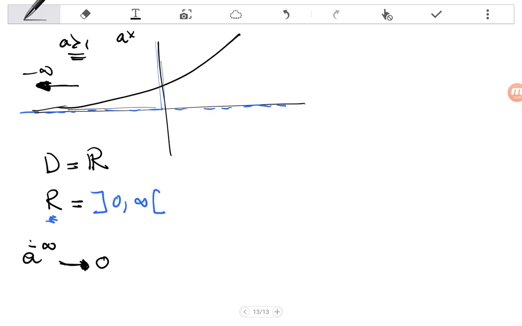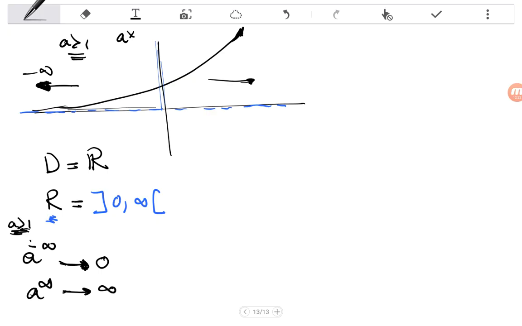What about a power infinity, assuming a is greater than 1? As long as you go to the positive side to infinity, the value of the curve will be greater and greater, so a power infinity is just infinity.